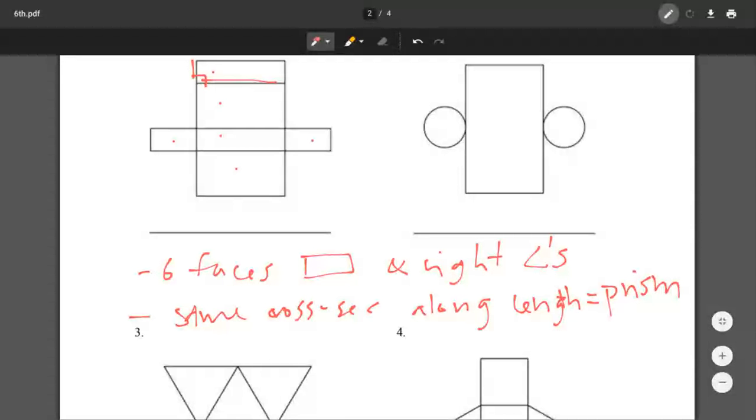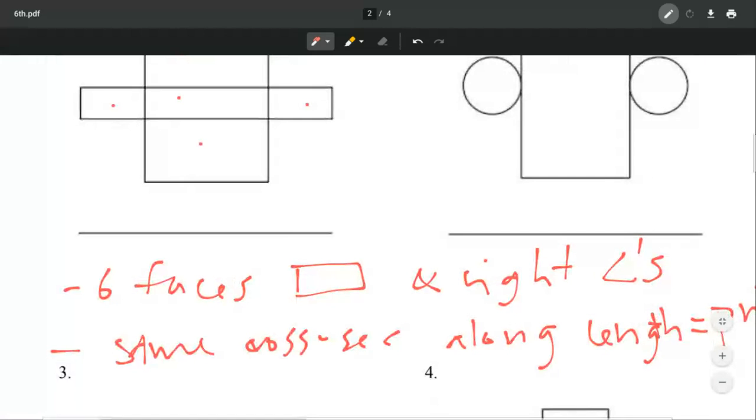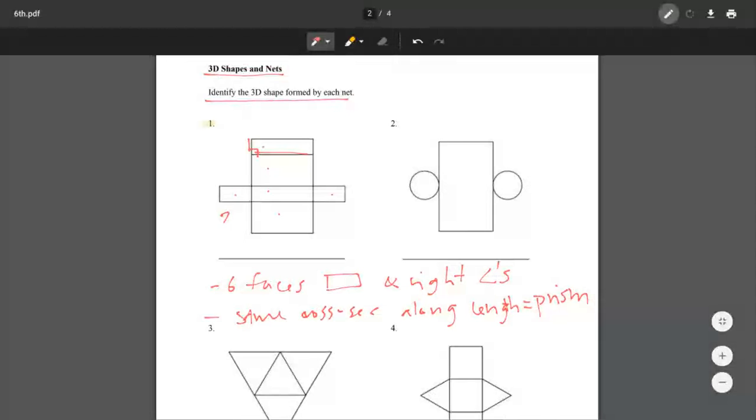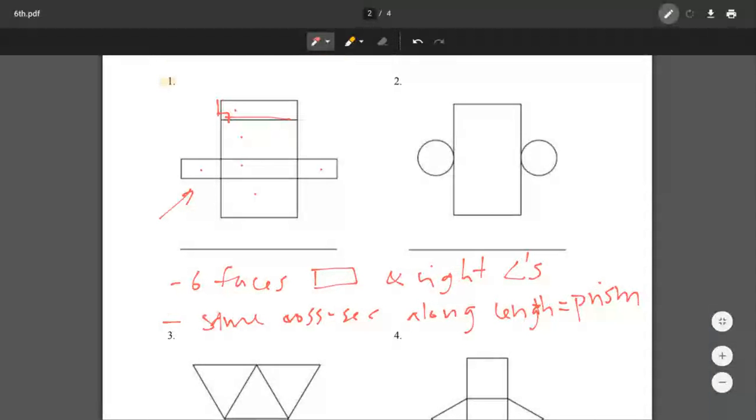Okay? And so, with this information, we could go ahead and figure that this net is going to form a rectangular prism. Okay?